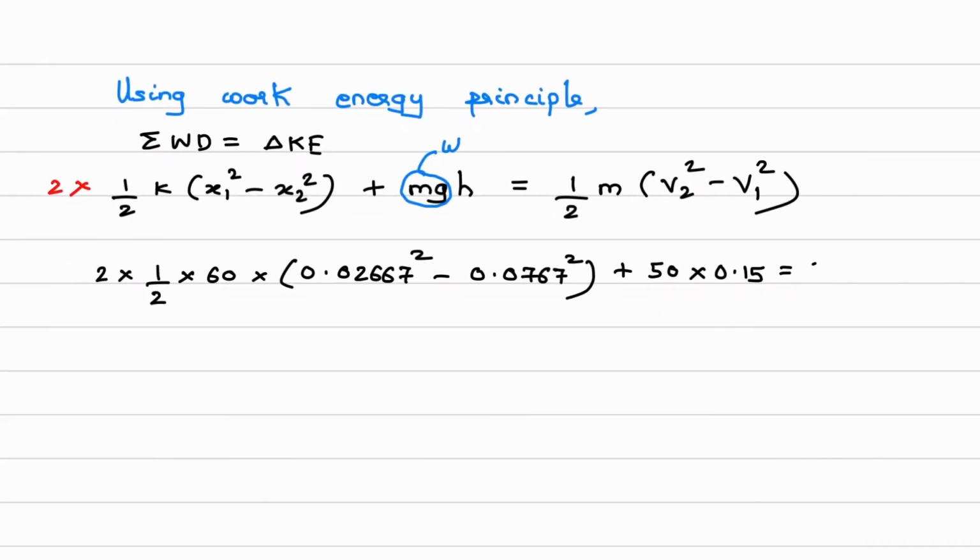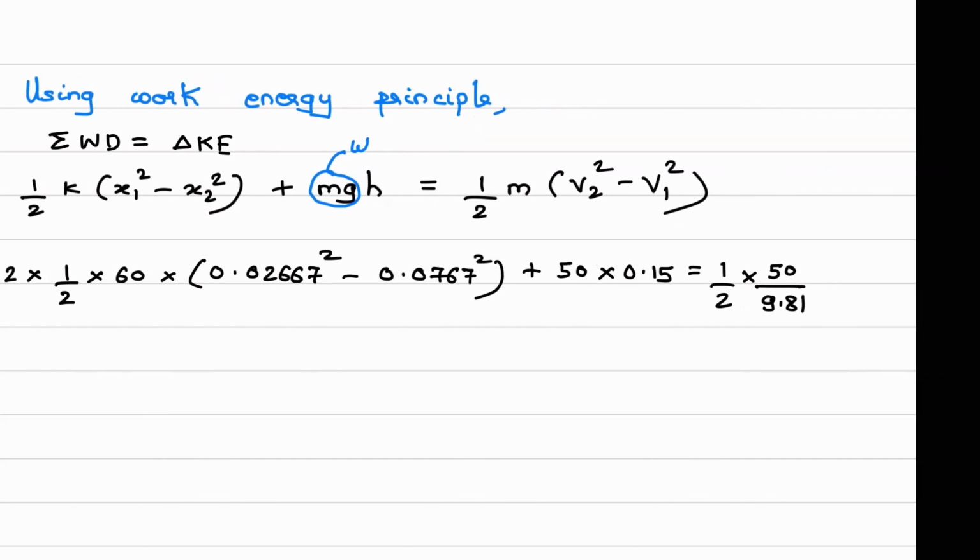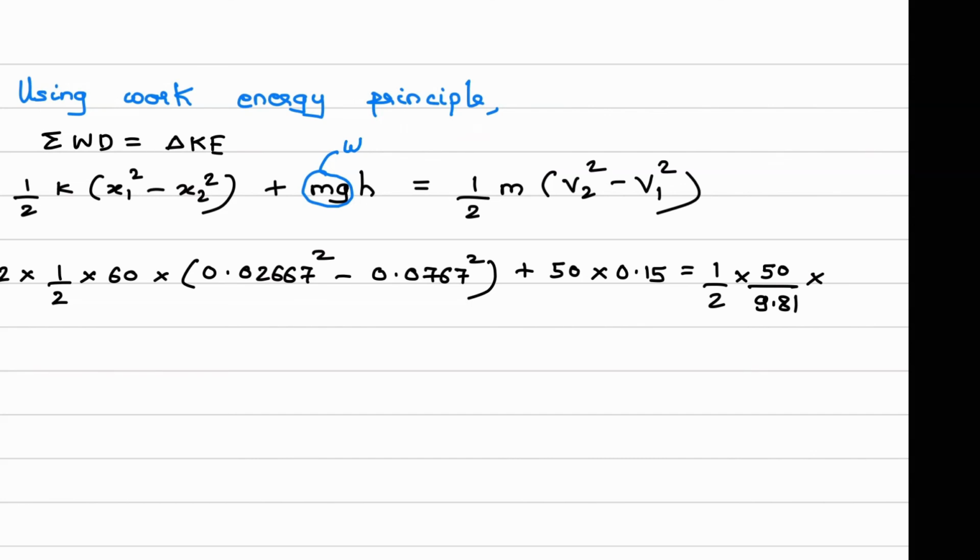Equal to half into the mass of the ball, which is 50 divided by 9.81. Here the mass is needed, here the weight is not given, so be careful here. Multiplied by the initial velocity, which is 0, and we have to find the final velocity.